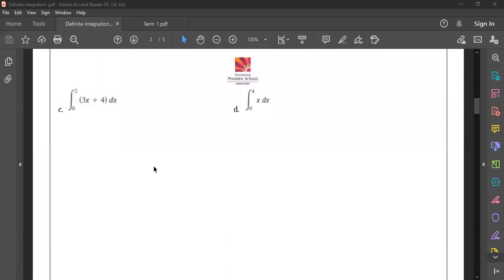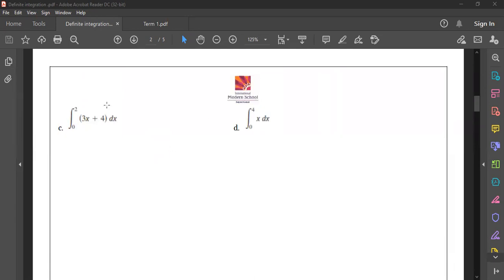Solve the next one. I solved C and D, E and F will be homework. Look here for question part C. By the same way, the slope here is what? Positive.